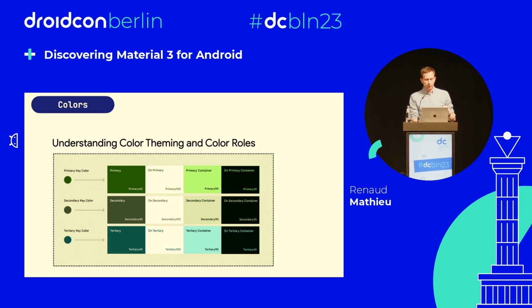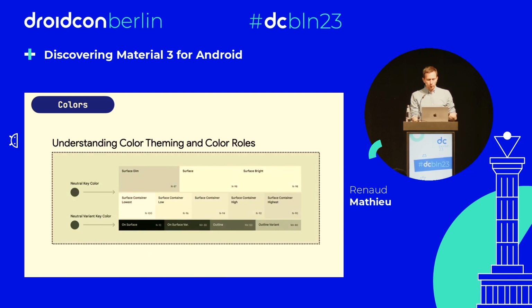So basically, the primary color is used to derive roles for key components across the UI, such as floating action button, the button, active states, etc. The secondary key color is used for less prominent components, such as the chips, and they're expanding the opportunity for more color expression. And the tertiary, you can use this one for your product, or it is left up to the team. The neutral color is used to derive the surface, and in addition to the accent and neutral colors, there is also the color for error that we had in Material 2.